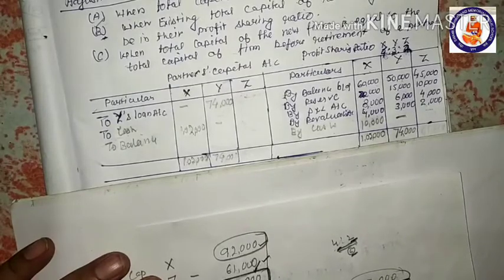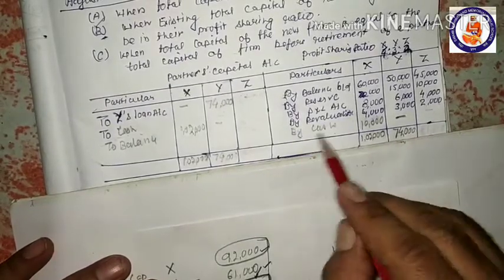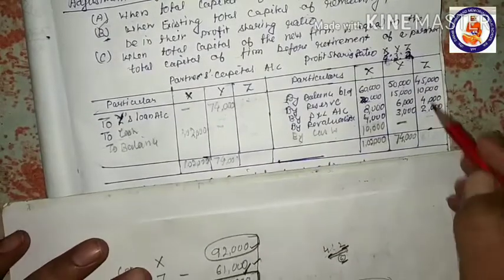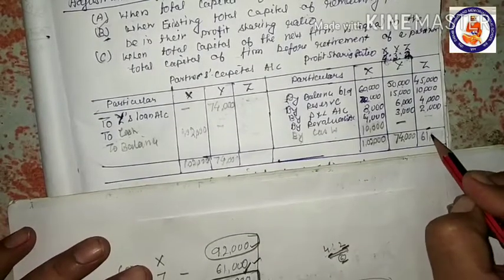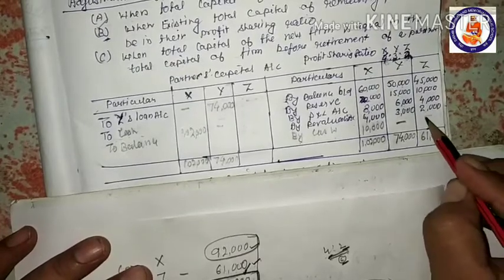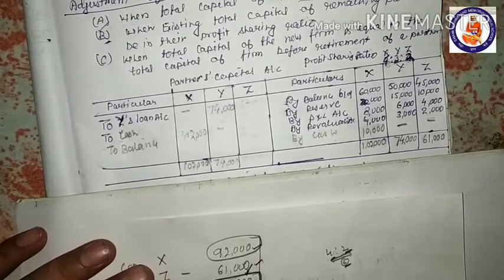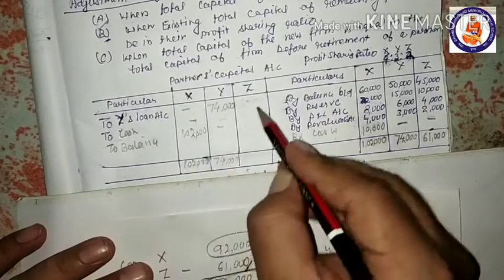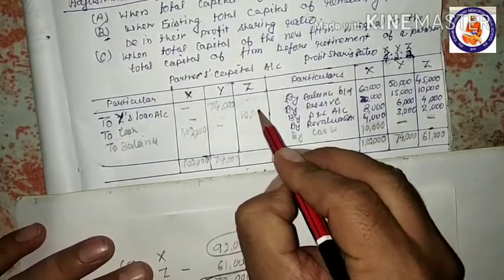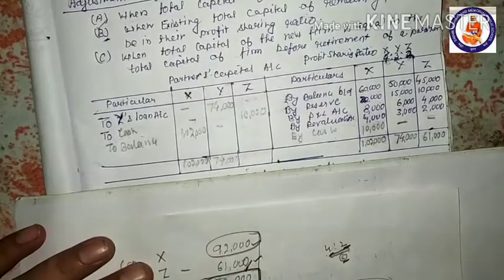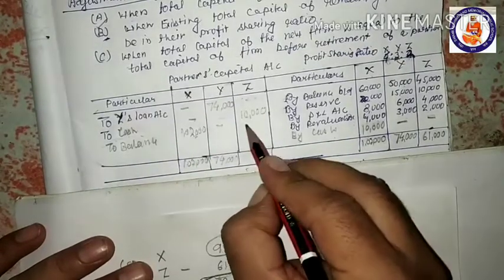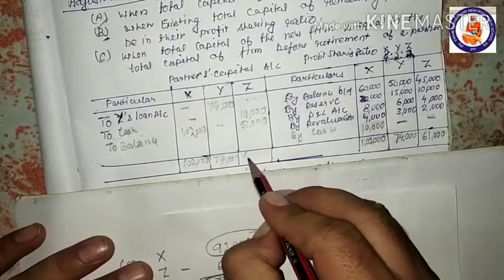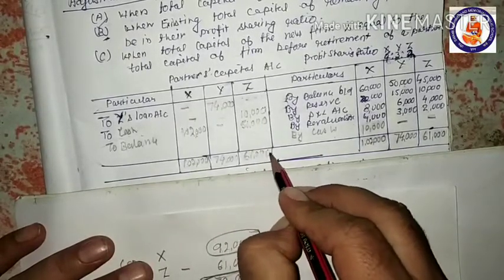So he will withdraw the amount in cash. We put here 'to cash', 10,000 rupees he will withdraw. Then the balance will be 51,000, and the total comes to 61,000.